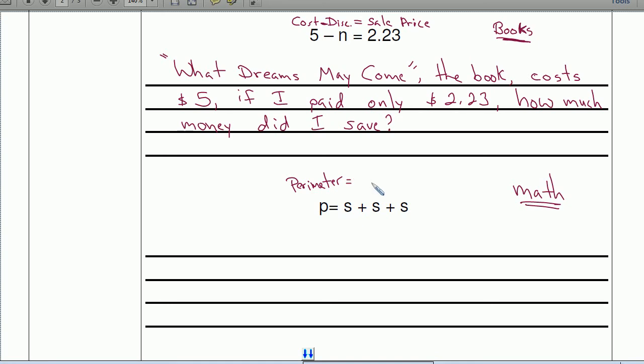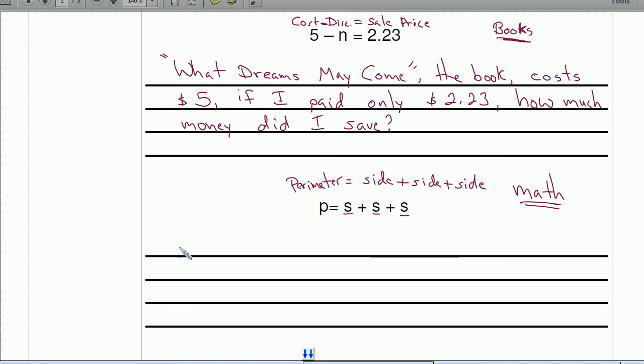So I'm talking probably about an equilateral triangle, because each side is the same size. So they're all S size. So I'm going to say perimeter equals side plus side plus side. That's what I'm going to make up and say that P stands for perimeter and S stands for side. So I'm going to make a problem now.